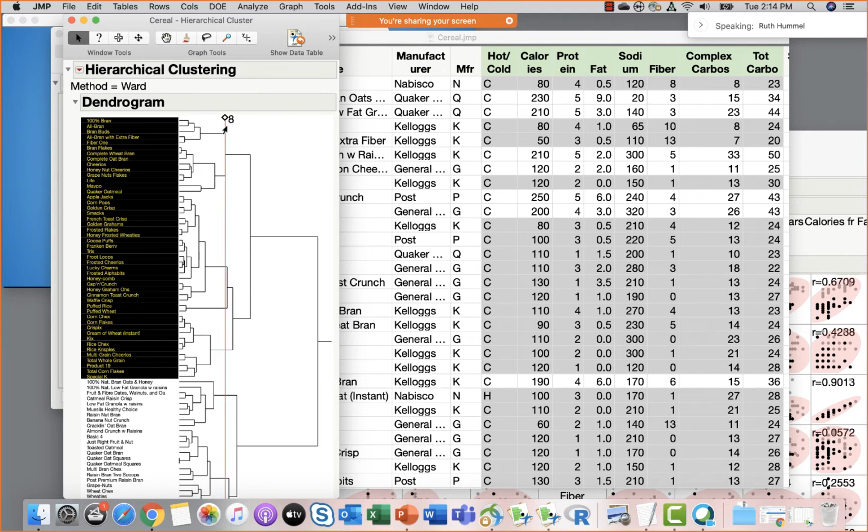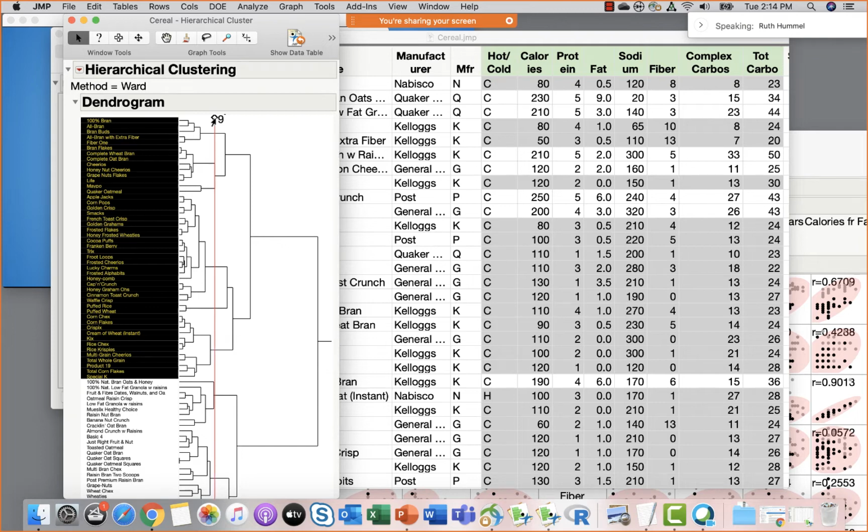If I click on the caret, it puts a number next to it. So if I stop it right here, at this moment, there are 9 clusters. If I stop it here, it has this cluster, this cluster, this cluster. So that's 3. If you look at how many intersections there are, there's 1, 2, 3, and I actually moved it down to 10. Here there's 9. 4, 5, 6, 7, 8, 9, and so on.